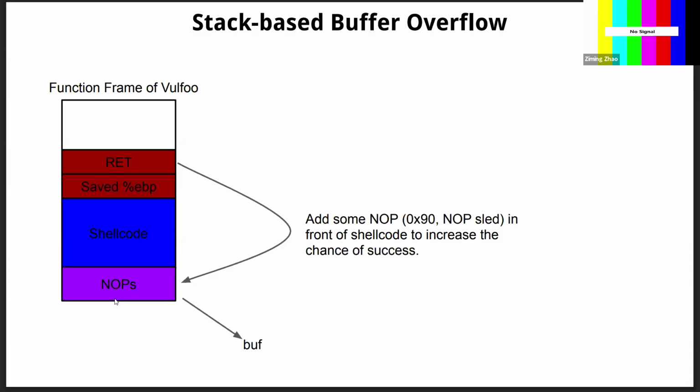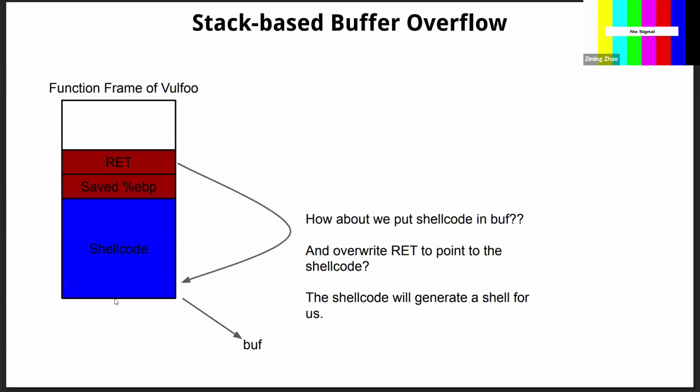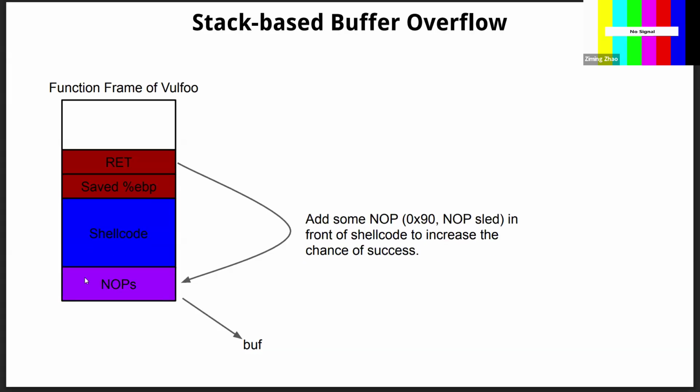Because to achieve this, we need to know exactly where the shell code is. Sometimes it's hard to get. So we can also put a little bit of nops there. If we jump to any nop instruction, it's just 1 byte, and it will just go to the next instruction.